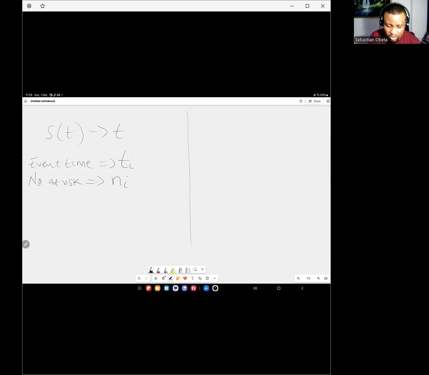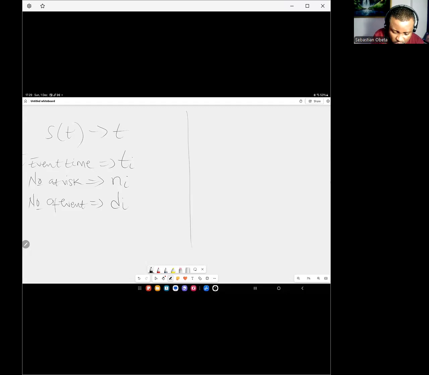All right, so the next one we are going to look at is the number of events, delta or D. So this number of events is the number that occurs at time t. Remember, we are looking at it per time.